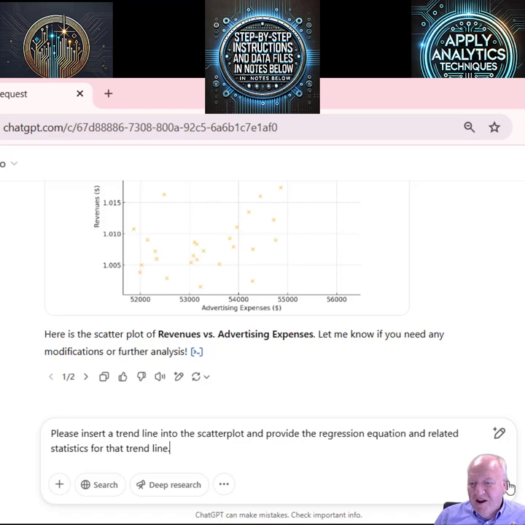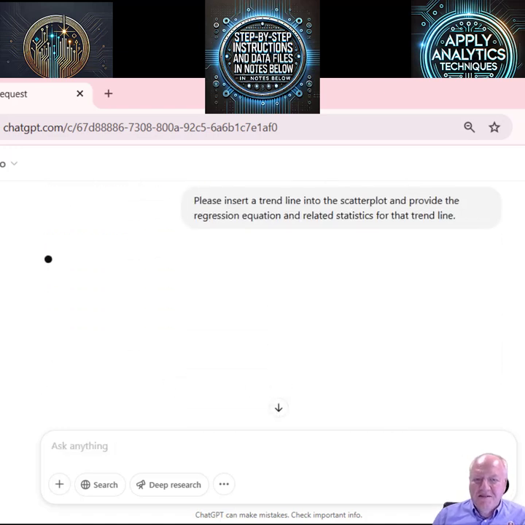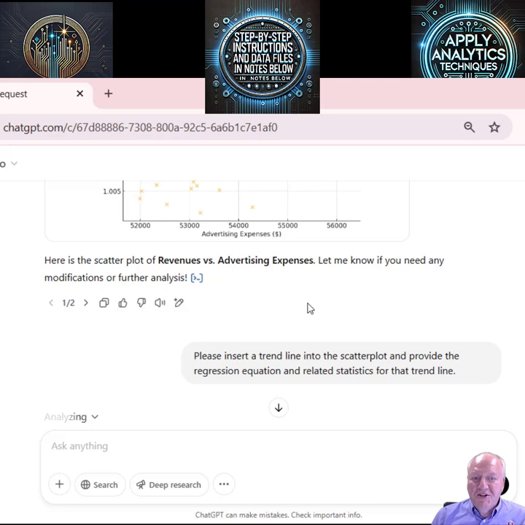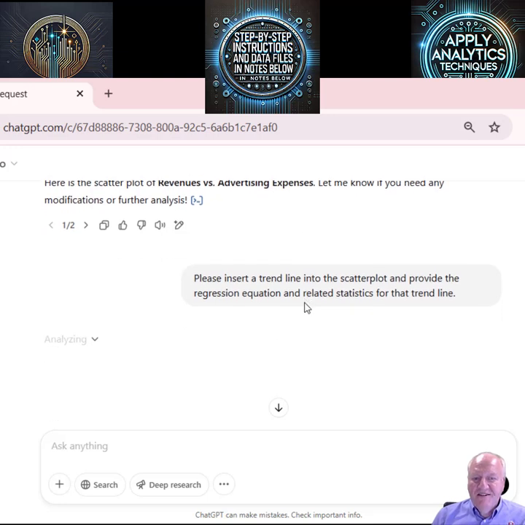What does the algebraic equation look like, which we're going to estimate using regression? So I'm asking it to provide a trend line and also a regression equation with related statistics, because what I want to do is I want to be able to insert an amount of expenditures and see if I could tie it to what I expect the revenues would be.